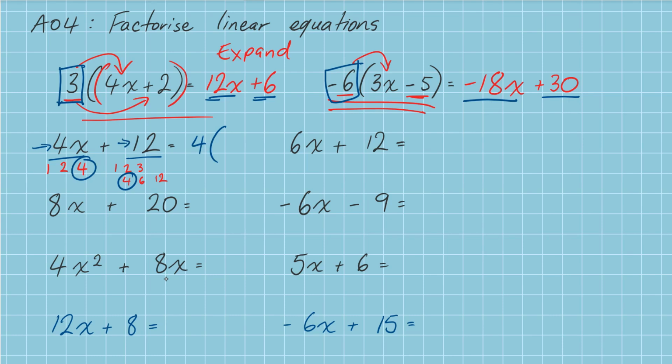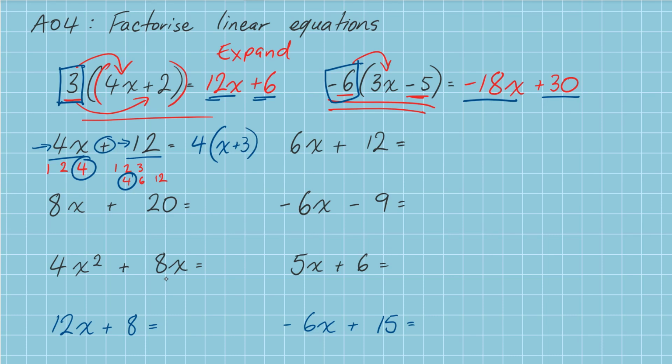So 4 divided by 4 is 1x. I don't need to actually write the 1, I can simply write 1x. And now 12 divided by 4, that's 3. It's plus 12, so that is going to be a plus 3.